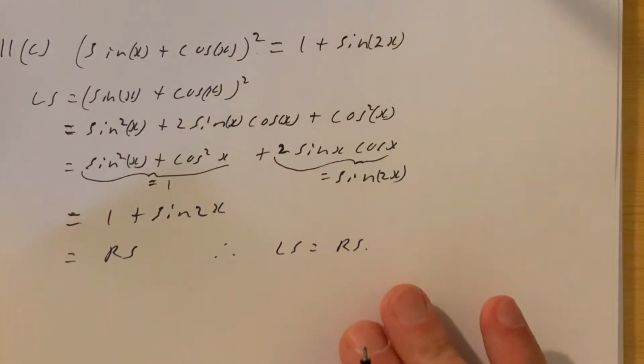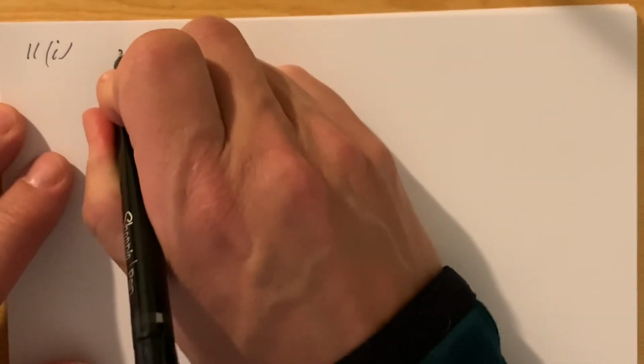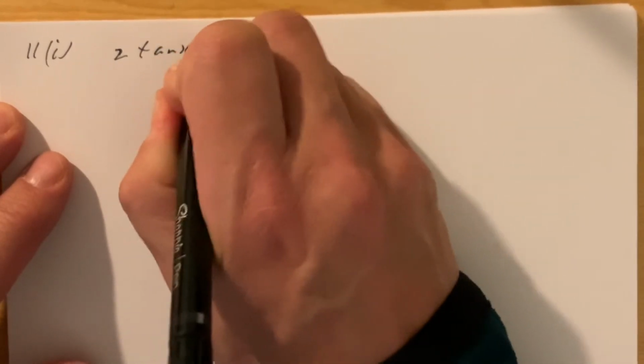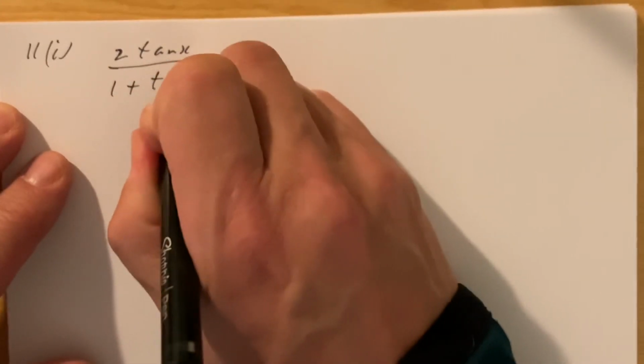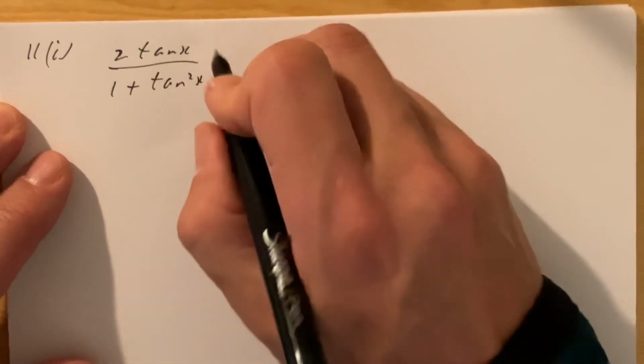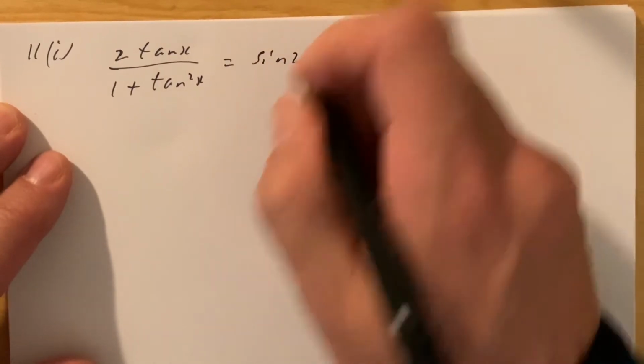Okay, and we're now going to do our last proof, which is 11I. Okay, so 11I. And here we go. So 2 tan x over 1 plus tan squared x equals sine 2x.